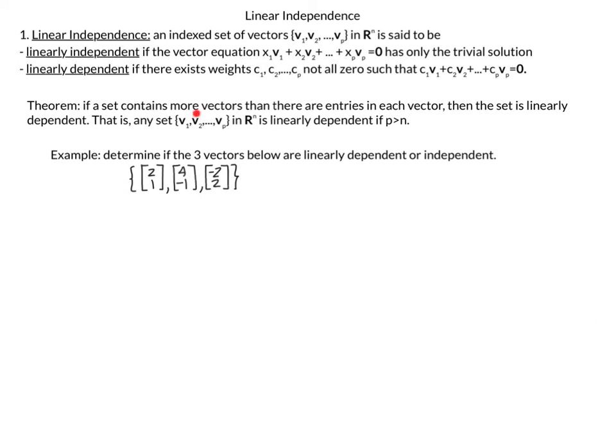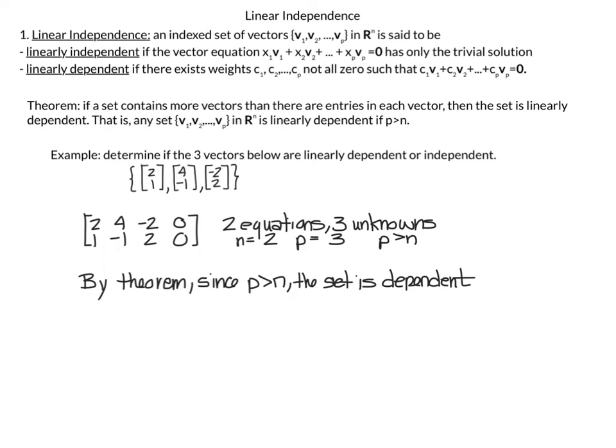An example of using this theorem: determine if the three vectors below are linearly dependent or independent, and the vectors are (2, 1), (4, -1), and (-2, 2). To use this theorem, I'm going to form my matrix with these as my vector columns, and it's going to be the homogeneous equation, so I'll have 0, 0 at the end.